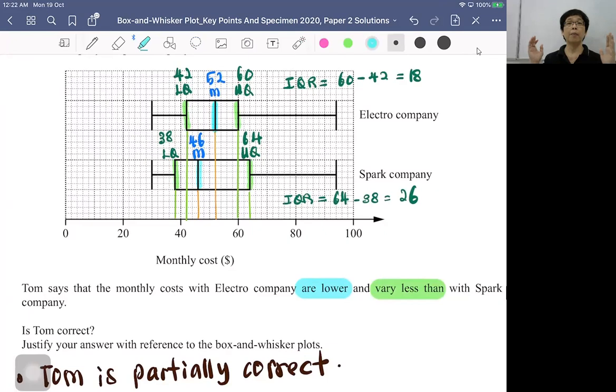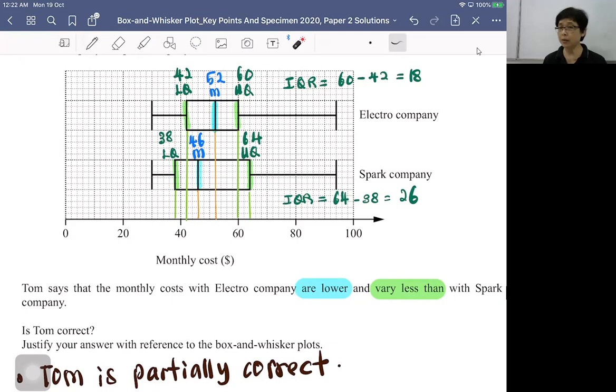The line in the box represents the median. Reading down from the line of the median of Electro company all the way to the scale, we know that it is 52. And the median of Spark company, reading down, we notice that it is 46. And we know that for Electro company, the monthly cost is more expensive.